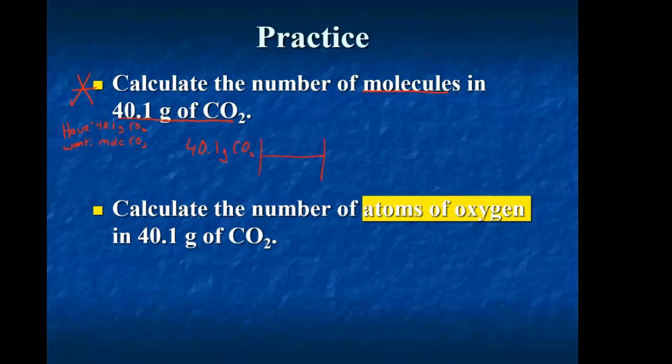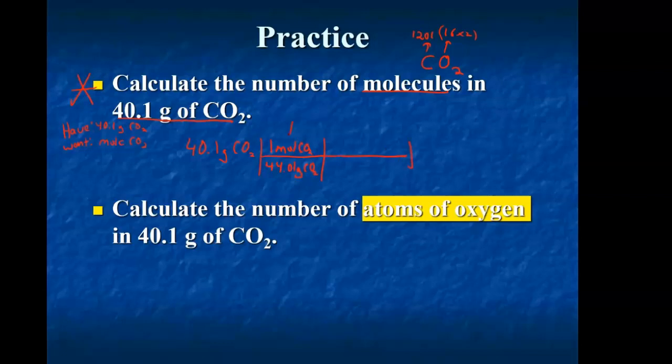And again, for the CO2, we're going to get the molar mass from the periodic table. So this is 12.01, and this is 16 times 2, which makes it 44.01 grams of CO2 and 1 mole of CO2.